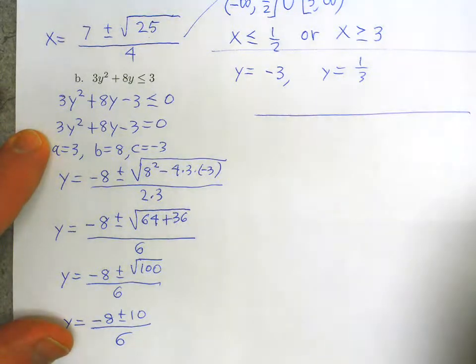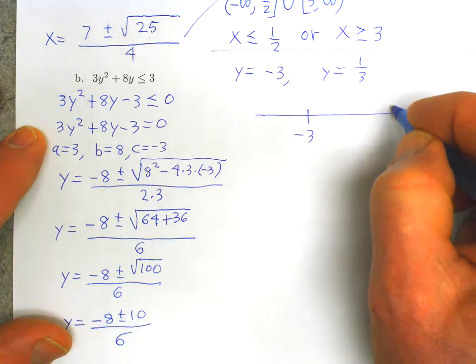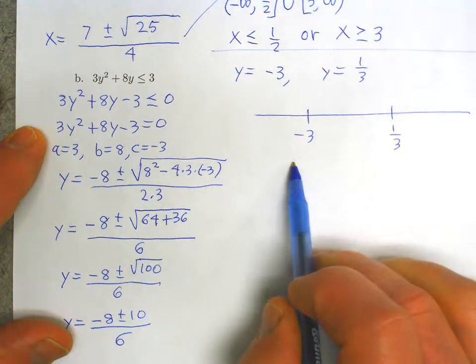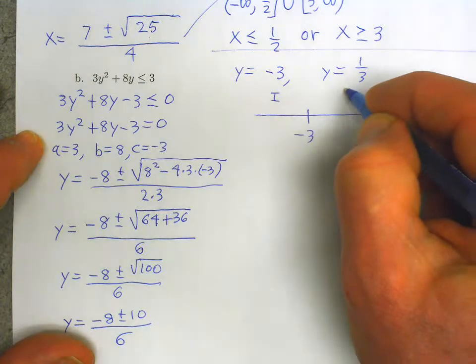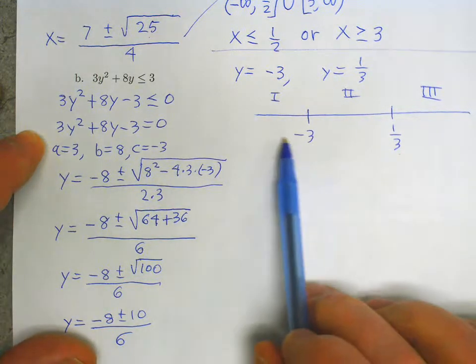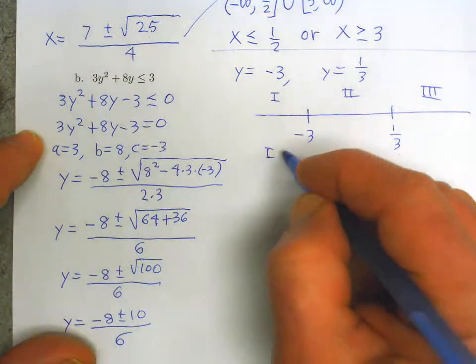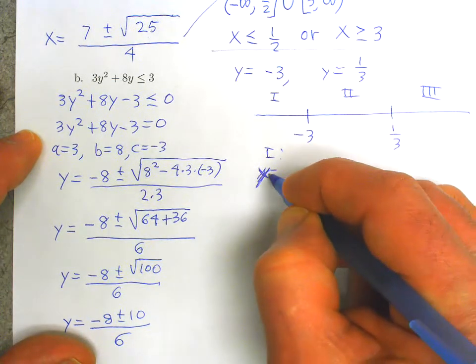So we divide the number line into 3 separate intervals, plotting -3 and 1/3. -3 here and positive 1/3 there. 3 separate intervals to test. Okay, in the interval on the left, we're picking y to be -4.